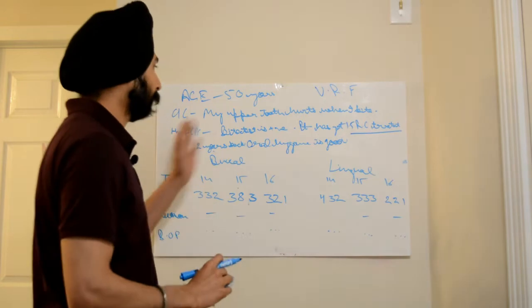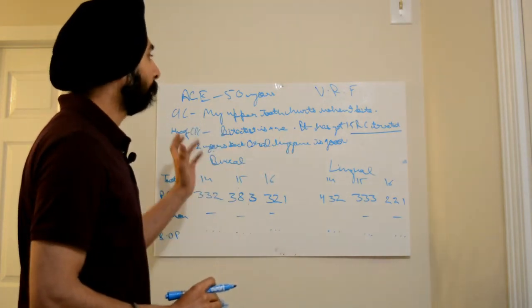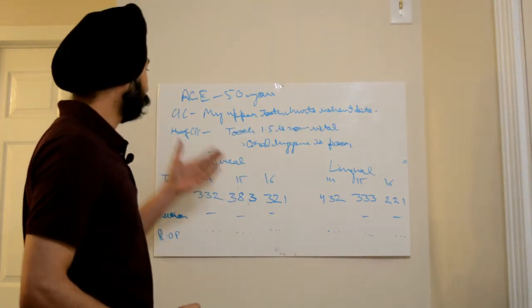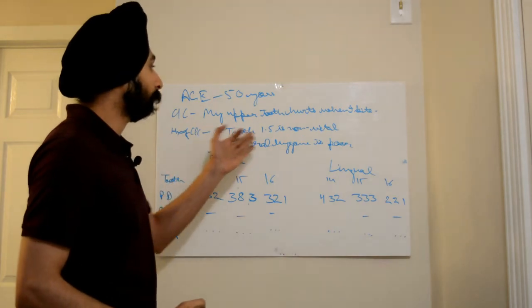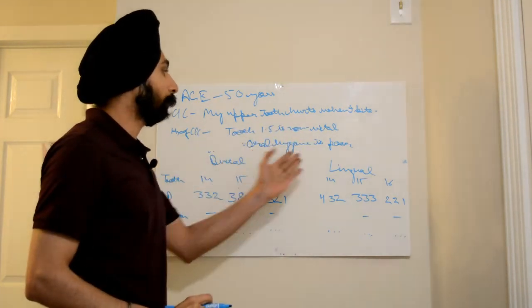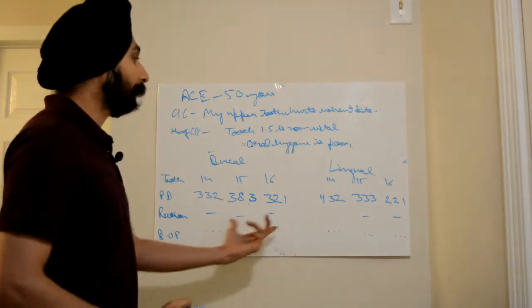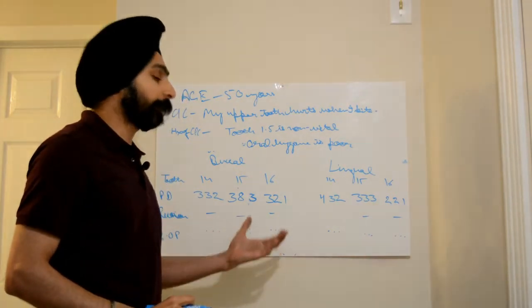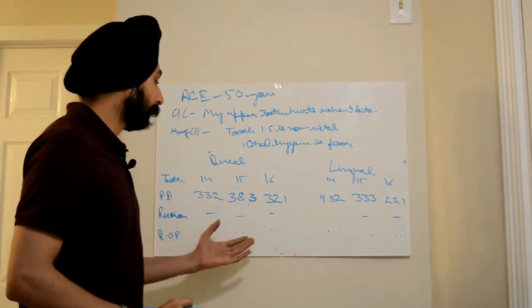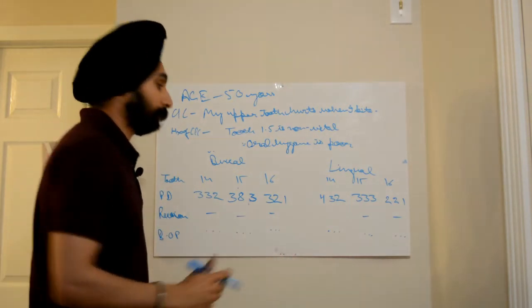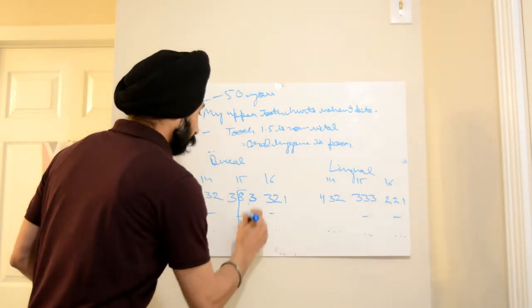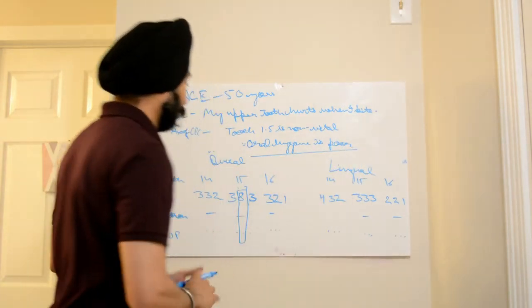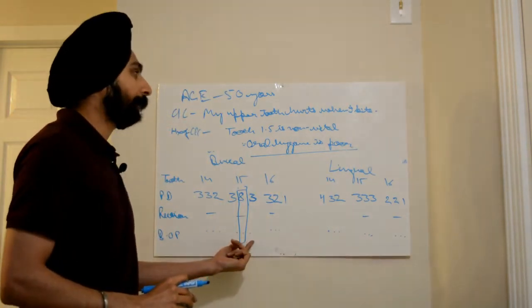Also, you have to take care of the additional information. Let's say in case the history is changed to tooth 1-5 is non-vital, oral hygiene is poor, then we can no longer say that this is a case of vertical root fracture. It becomes a case of endoperio lesion, because the oral hygiene is poor and you have a very deep pocket at one side.